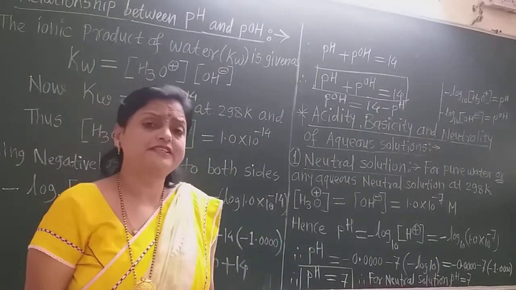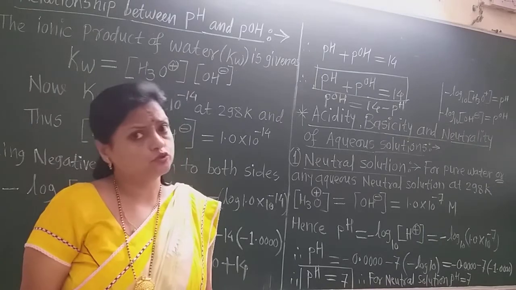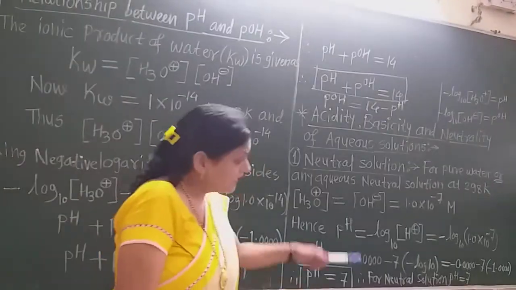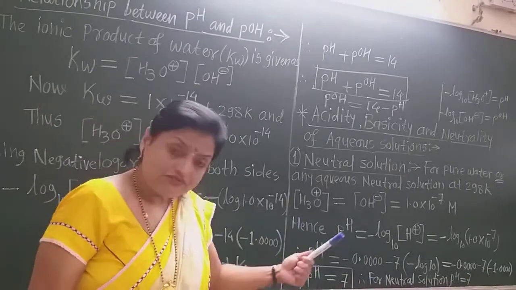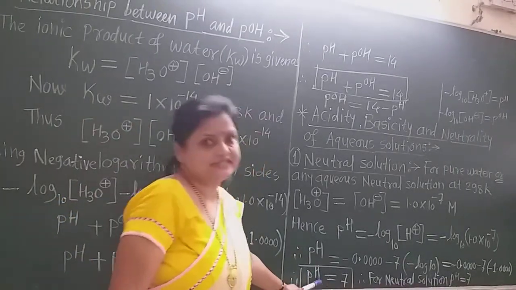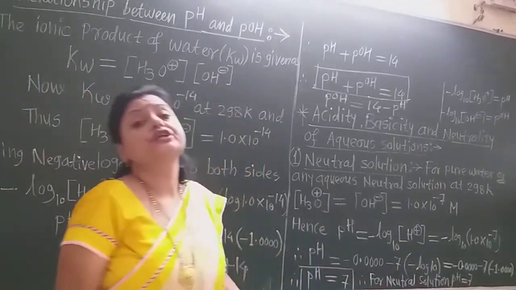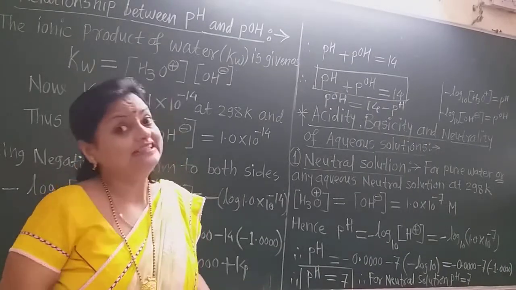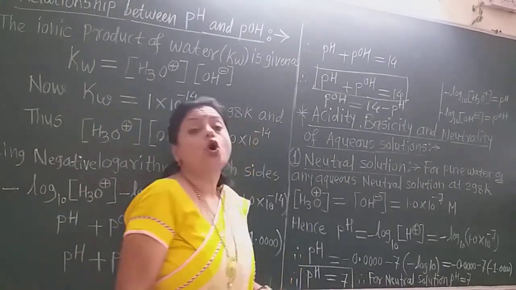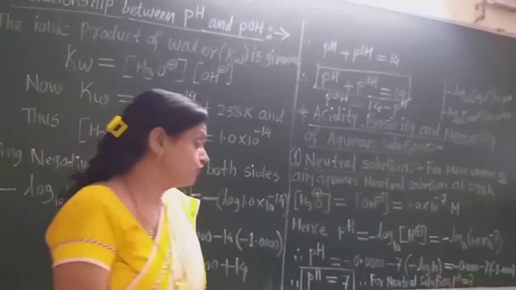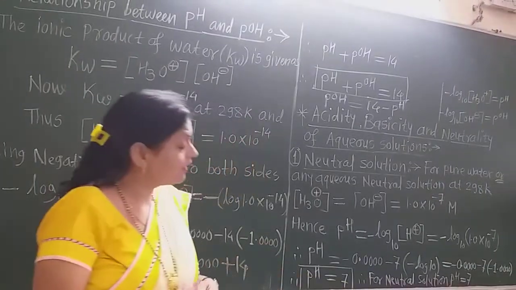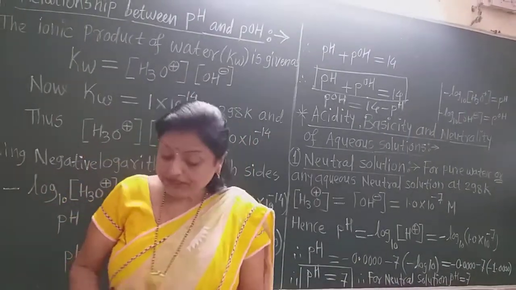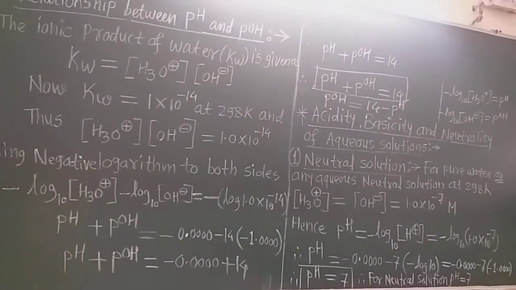From plus 7, if we subtract the minus 0, it becomes only 7. So minus 7 into minus 1 is equal to plus 7. So the neutral solution has the pH 7. In this way we obtain the value of pH for the neutral solution as 7. Therefore for a neutral solution, the pH of the solution is always 7.